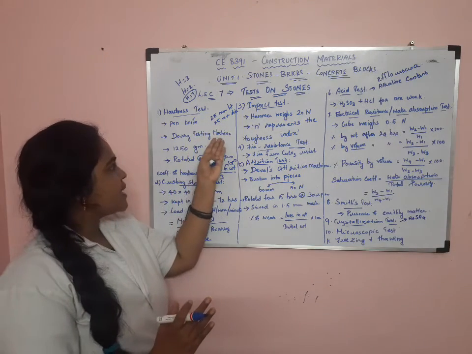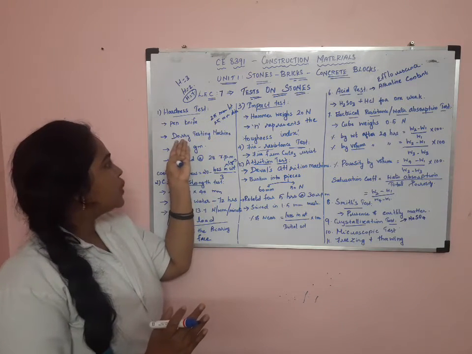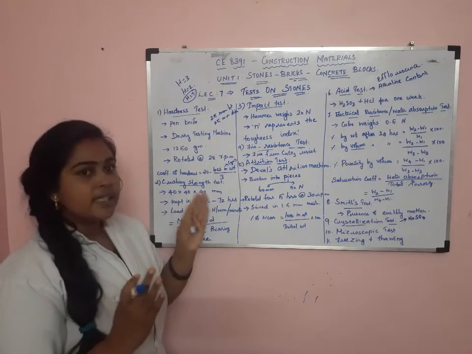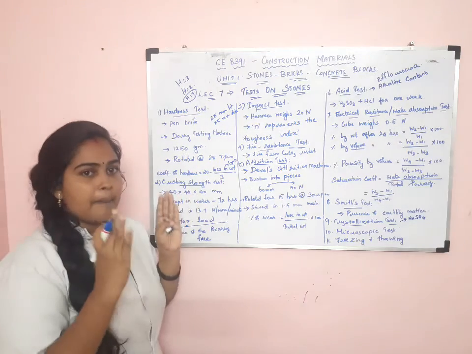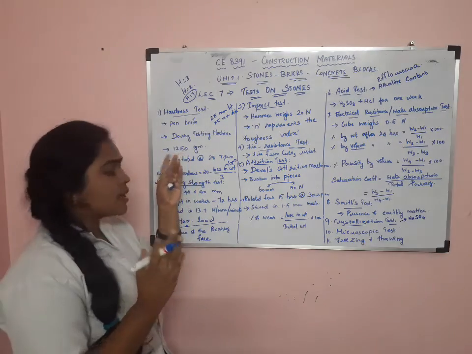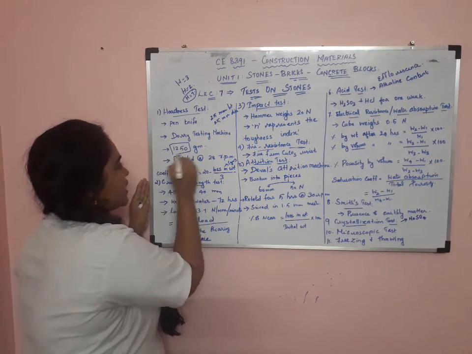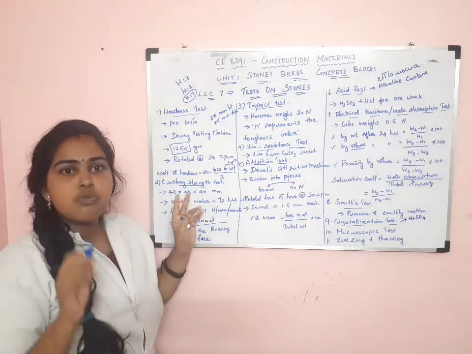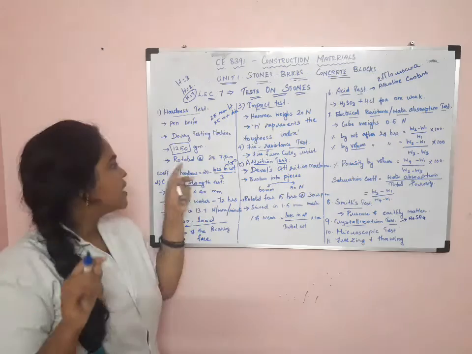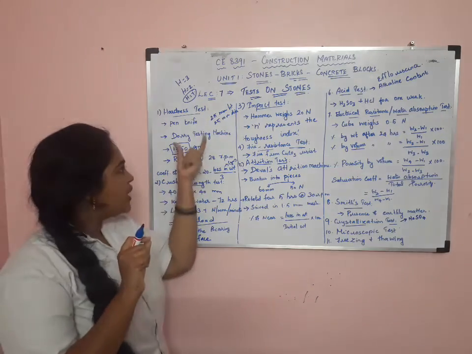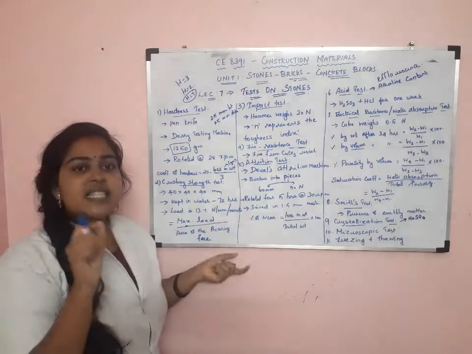This specimen is kept on the Dorry testing machine and it is pressed with a load of 1250 gram. This Dorry testing machine has a steel disc.